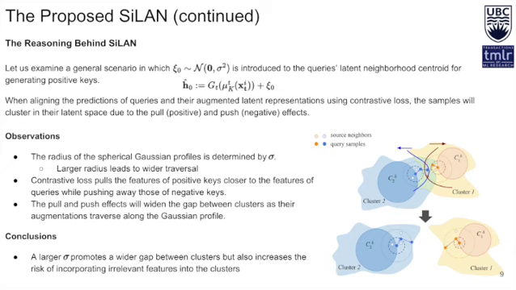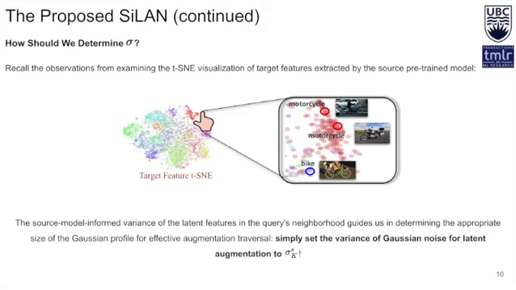So our conclusion is that when we have a larger standard deviation, we can have a wider gap between clusters. This is good for classification. However, it also increases the risk of incorporating irrelevant features into the clusters. Therefore, here comes our question: how can we determine the standard deviation?